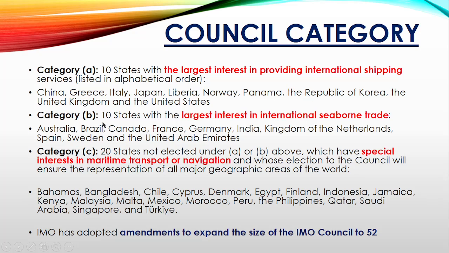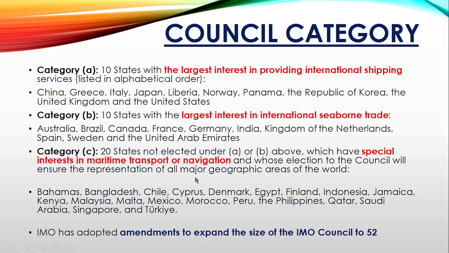Category B is 10 states with the largest interest in international seaborne trade, such as Australia, Brazil, Canada, France, India. Category C is 20 states not elected under A and B, having special interest in maritime transport and navigation.